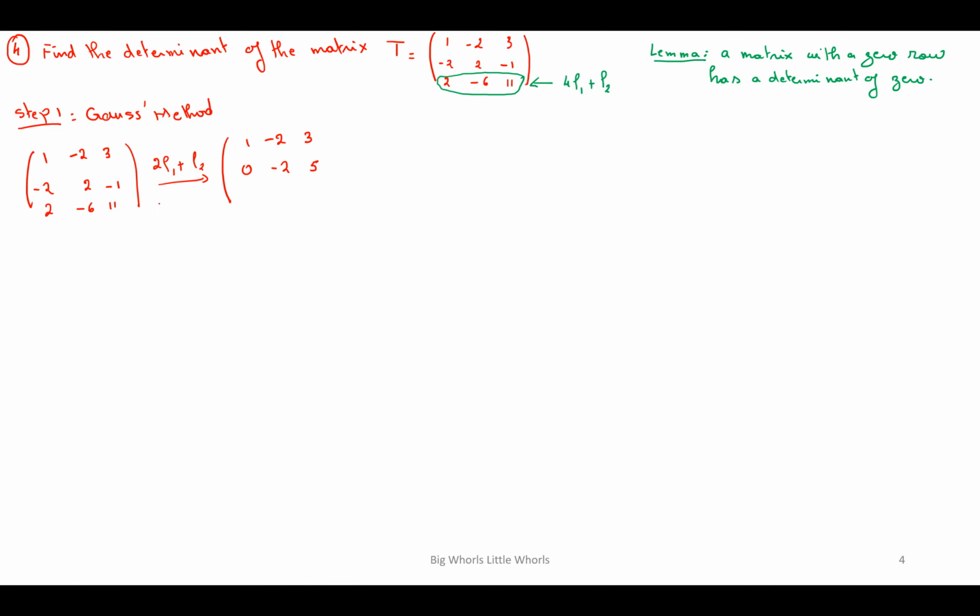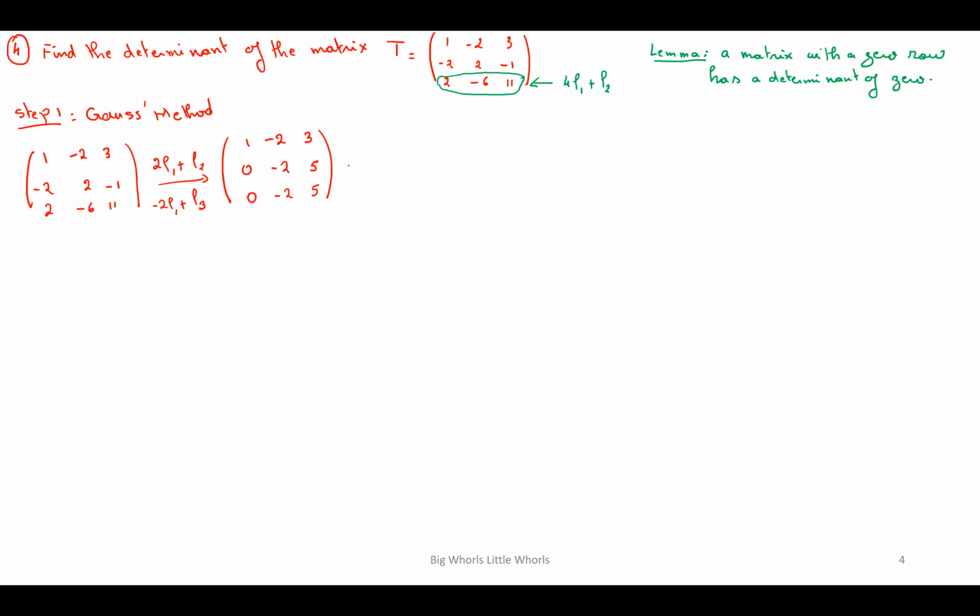And minus 2 row 1 plus row 3 will give us here 0, and this is going to be 4 minus 6, which is minus 2, and here minus 6 plus 11 is going to be 5.